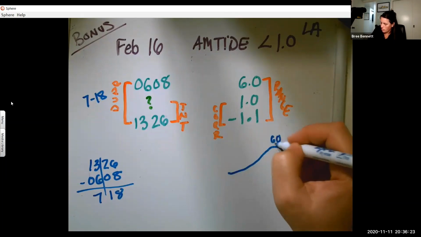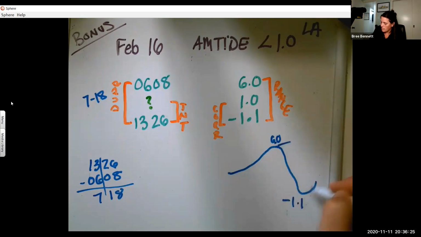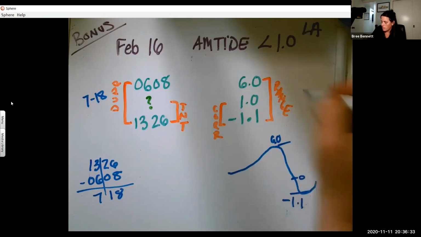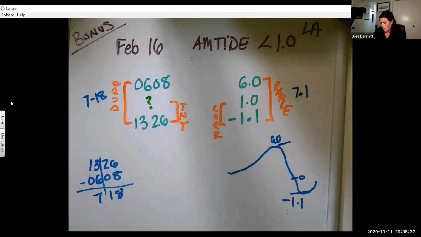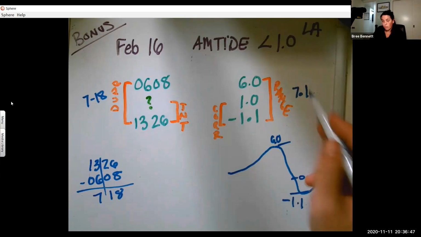So what was the difference here? It passed 0. So our difference or our range is going to be 7.1. So it was the 6 and the 1.1 going down into that negative on our number line, if you will. So our range is 7.1.